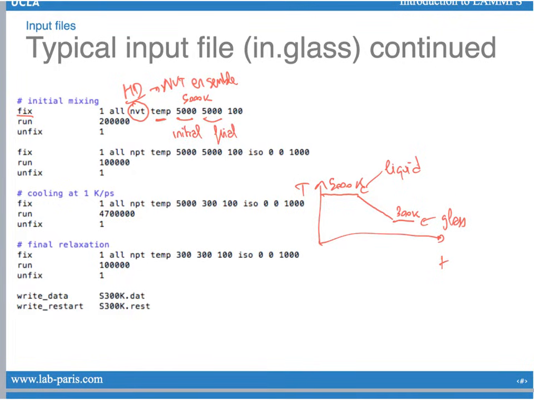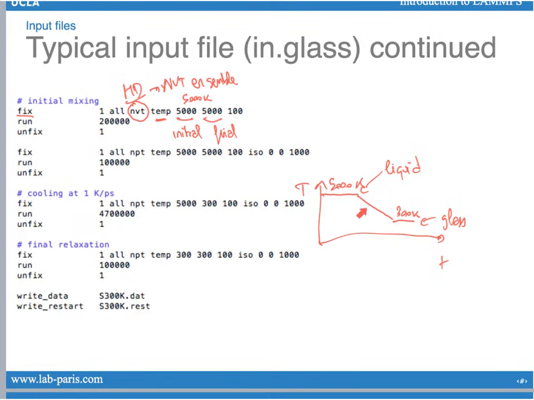So this means in this case that LAMMPS is going to do a molecular dynamics simulation in the NVT ensemble with a temperature that is initially at 5,000 and will eventually be at 5,000. It means that the temperature remains stable at 5,000.